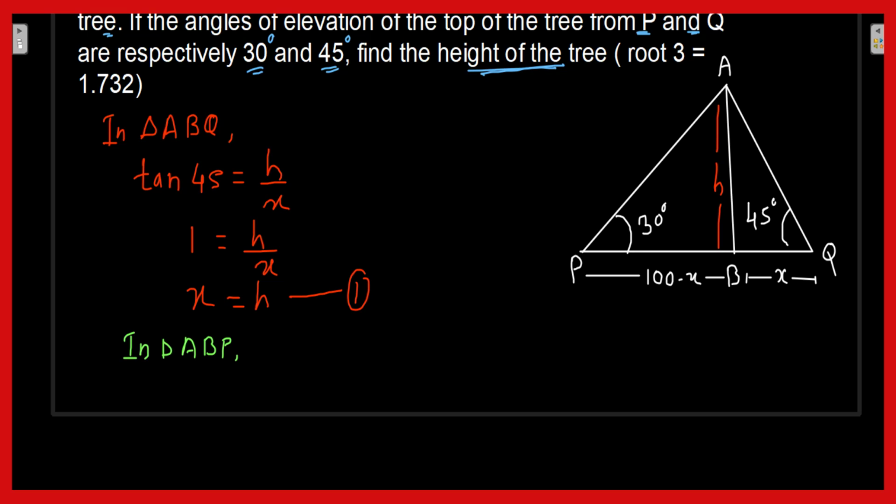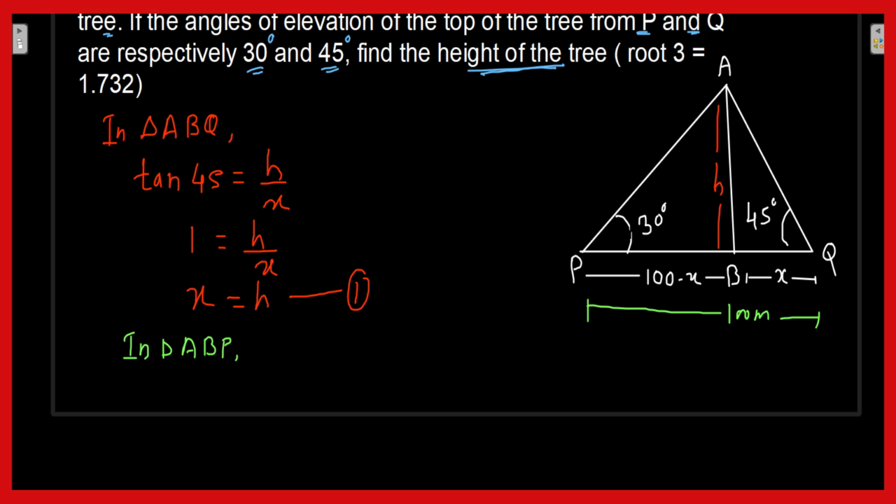First of all, it is given that this distance is 100 meter, and if we assume that BQ is x meter, then the rest of the part will be 100 minus x, because the total distance between points P and Q is 100 meter. So BQ is x, so BP will be 100 minus x.